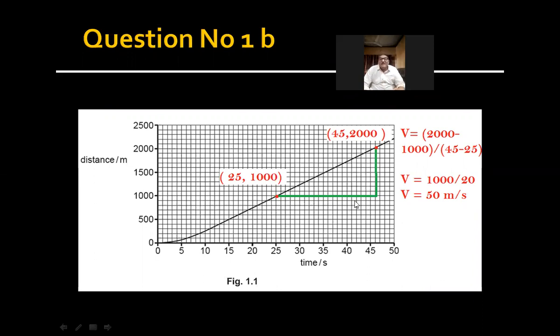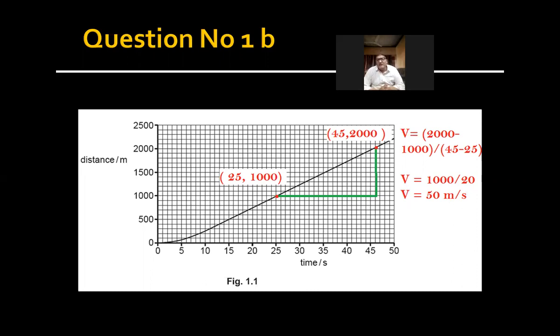So y2 minus y1, you see, 2000 minus 1000 divided by 45 minus 25. So it will be 1000 divided by 20, and it will be 50 meter per second. This is how you have to do this question.